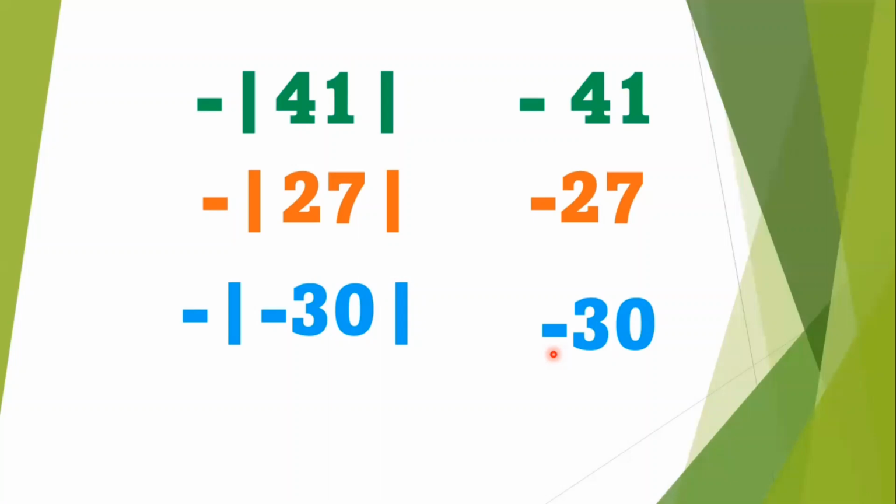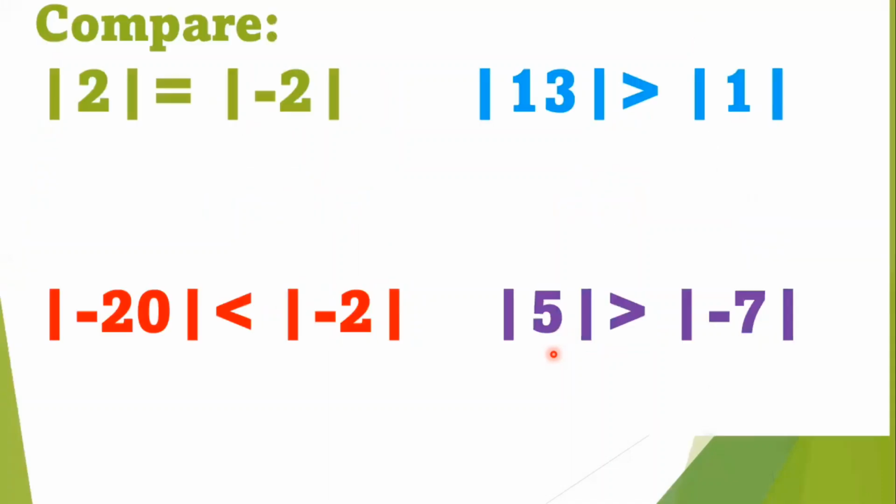Okay, next. This time we're going to compare. Ikukumpara na natin yung dalawang absolute value ng number. Tingnan natin kung gaano kakahusay sa pag-alam o pag-determine ng ating absolute value. So, we have here the green one. Absolute value of positive 2 is equal to absolute value of negative 2. Ang absolute value daw ng positive 2 ay equal sa absolute value ng negative 2.